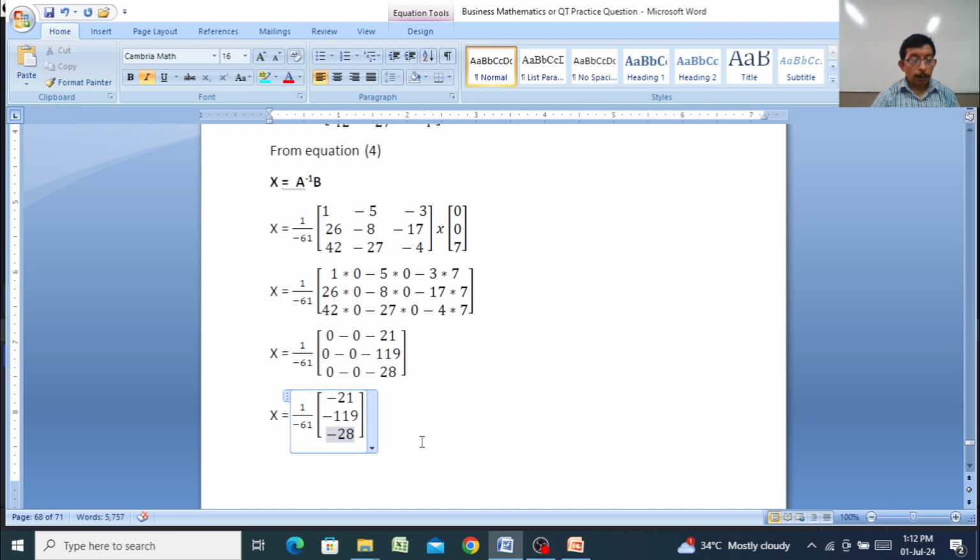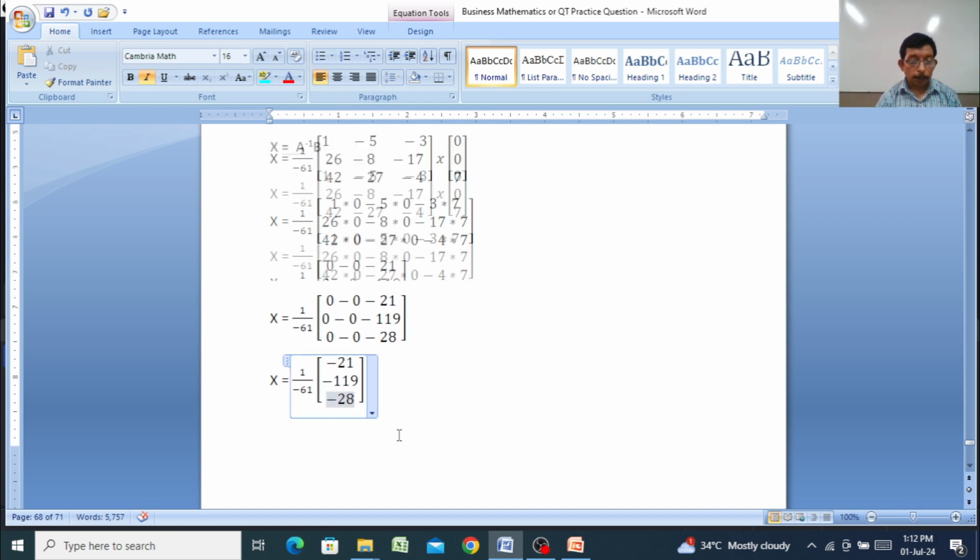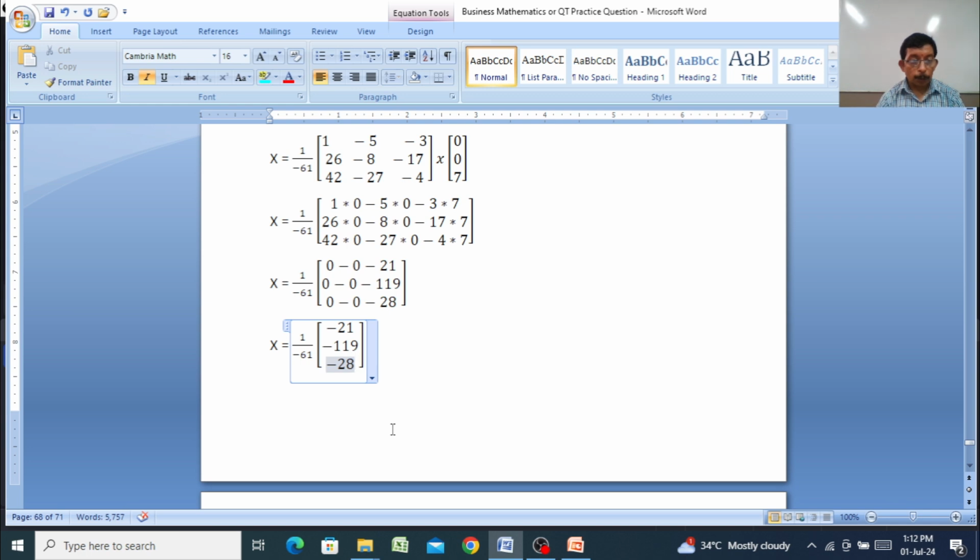It is clear, everyone? Now the value of the matrix is x is equal to. Now simplify in the next step.